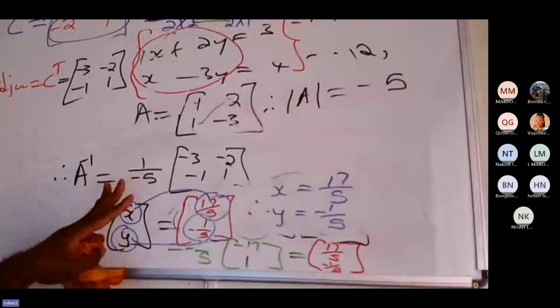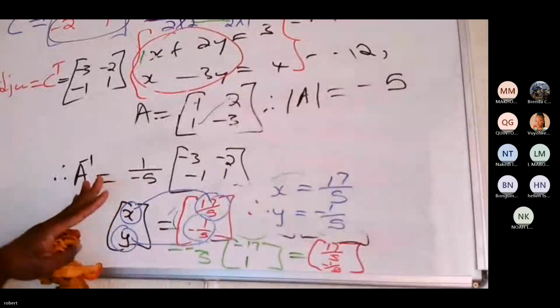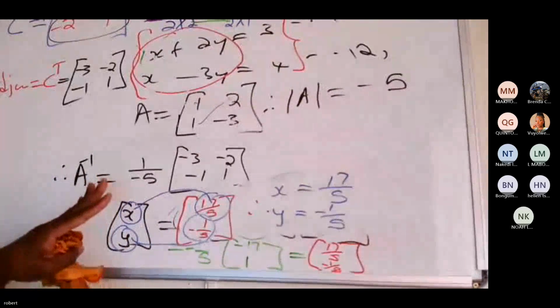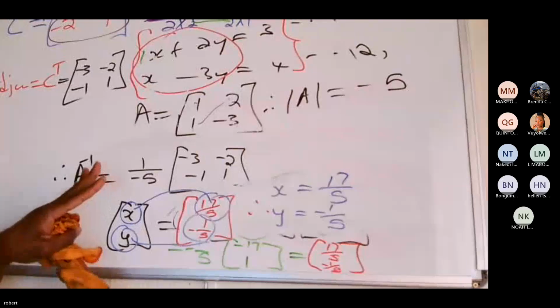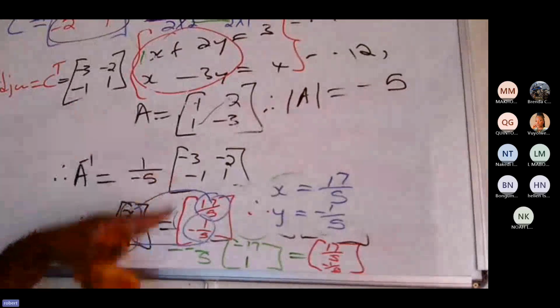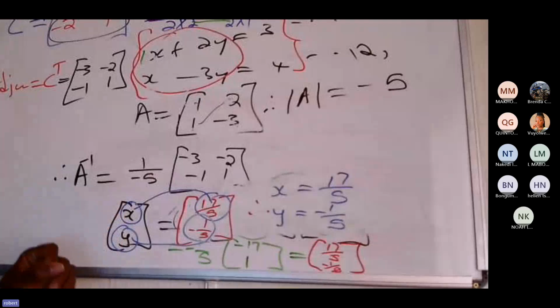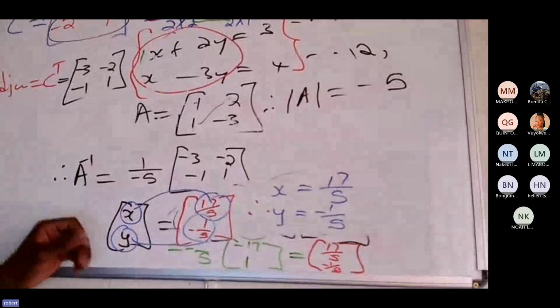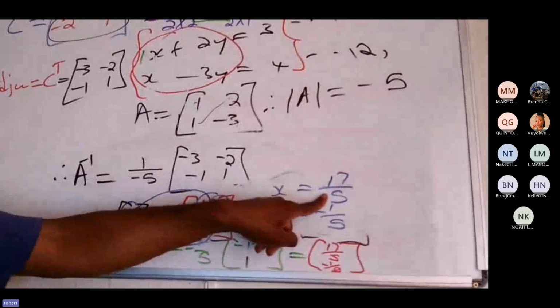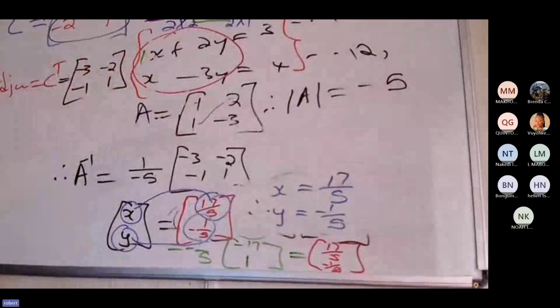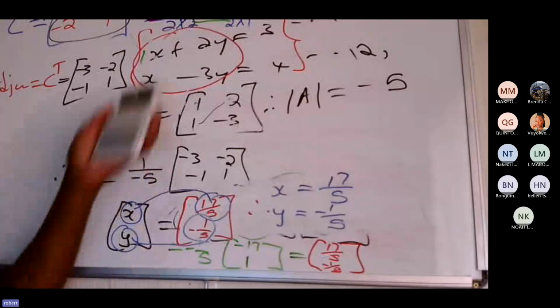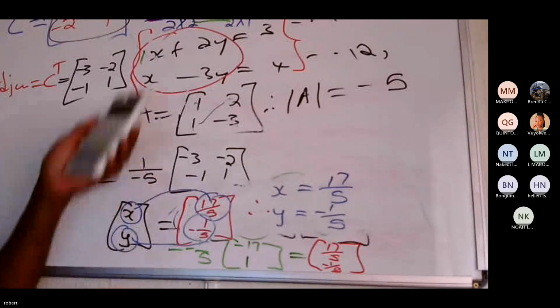Is everything here correct? Yes. Okay, if you want to check, let's check quickly. If x is 17 over 5, let us just use your calculator to check this. What is x?